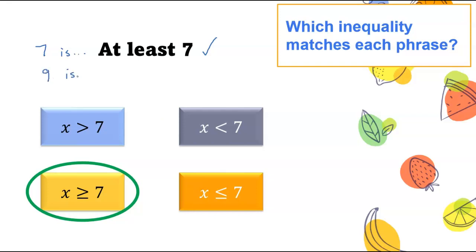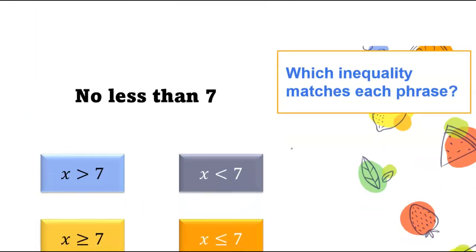Say 9 is at least 7. Yep, that makes sense. What about 3? Let's do a smaller number. 3 is at least 7. That one doesn't work. So we're not going below 7. We're doing 7 and everything above it. That means X, all these numbers that we're choosing, are going to be the bigger term. Alligator's going to eat that side.